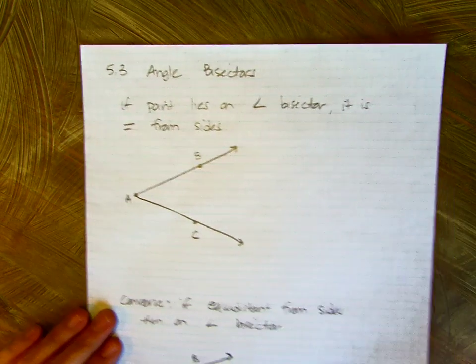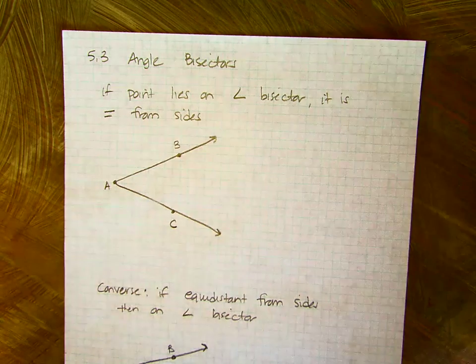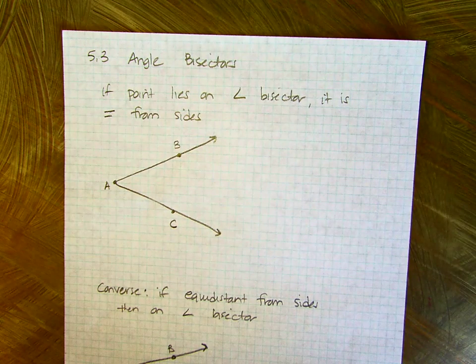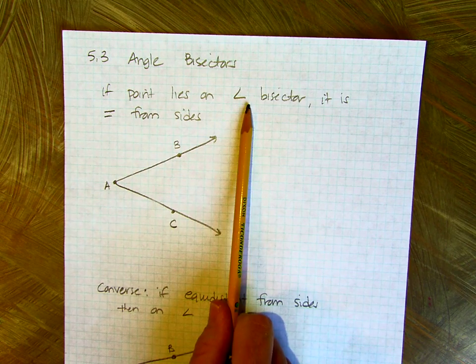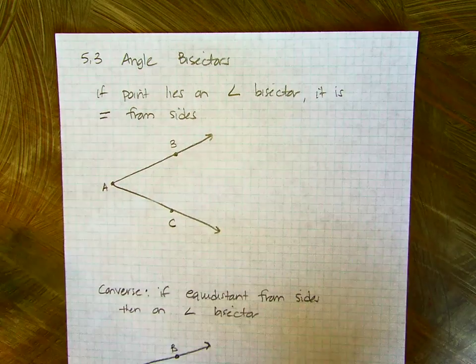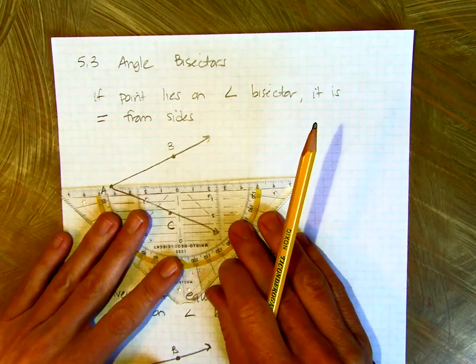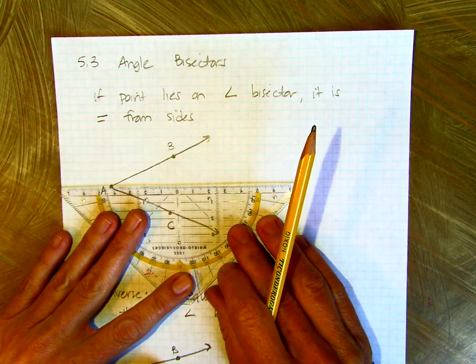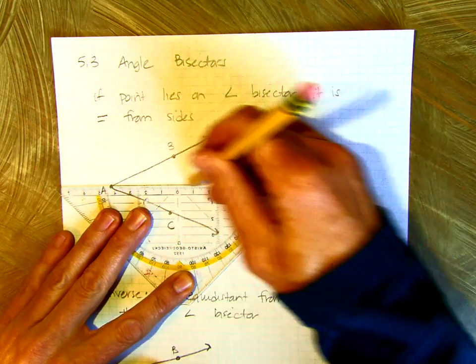So an angle bisector, again, sort of resonating from what we looked at, perpendicular bisectors. If a point lies on an angle bisector, it is equidistant from the sides. So again, I'll sketch in the angle bisector here.